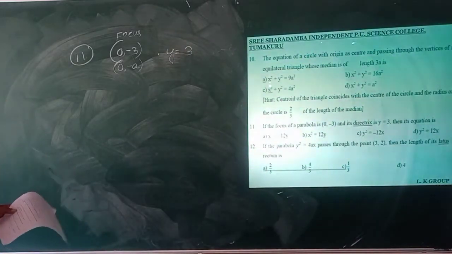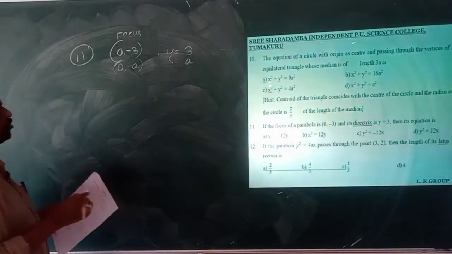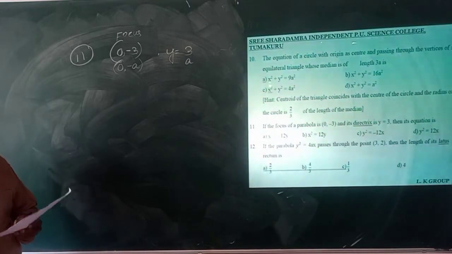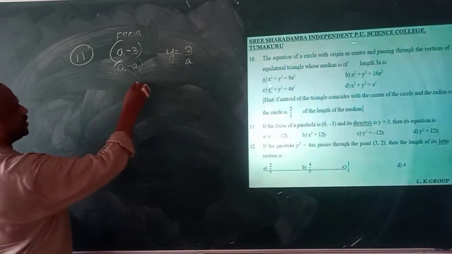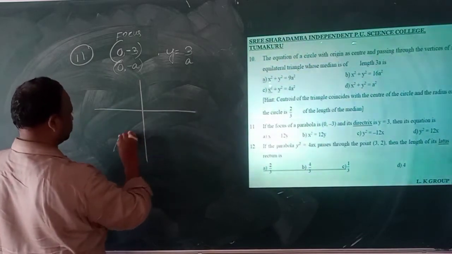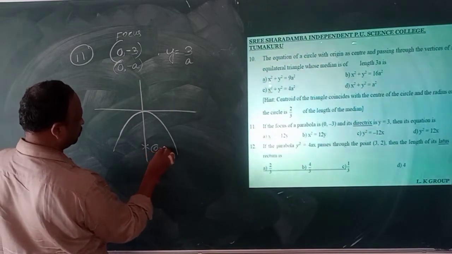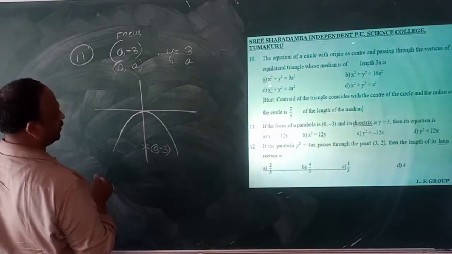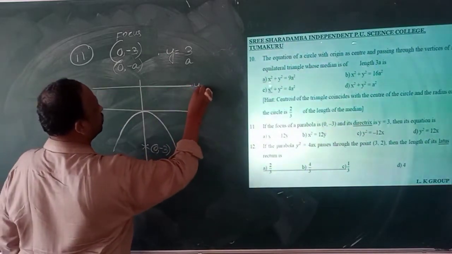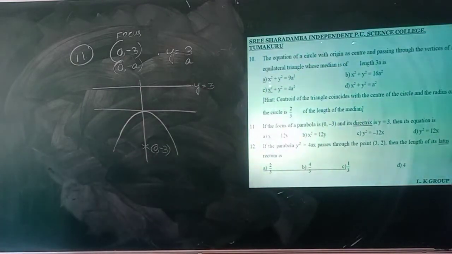You can observe, focus (0, a) gives x square is equal to 4ay. Here the focus is (0, minus 3), and the directrix will be y is equal to 3.